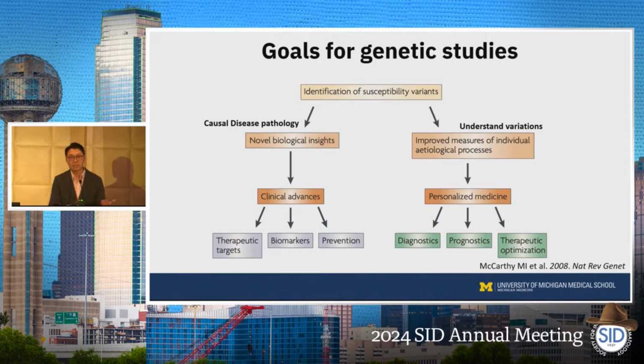On the second goal, instead of looking at case-control differences, we are talking about the heterogeneity among cases. These will be more subtle changes compared with case-control differences. The goal is personalized medicine: identifying cases that could be more prone to certain comorbidities or have different rates of drug response.